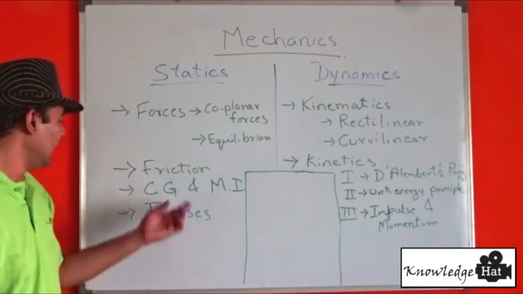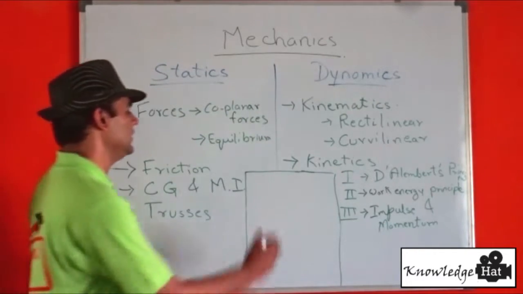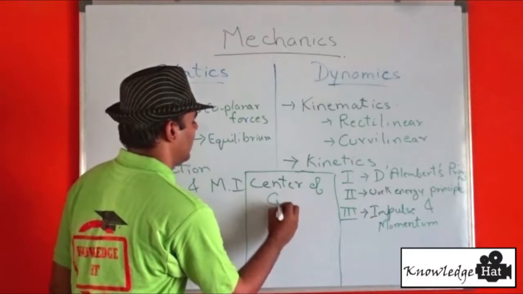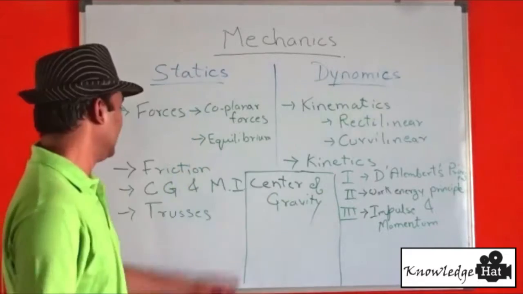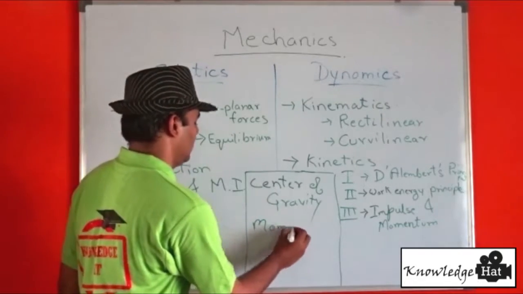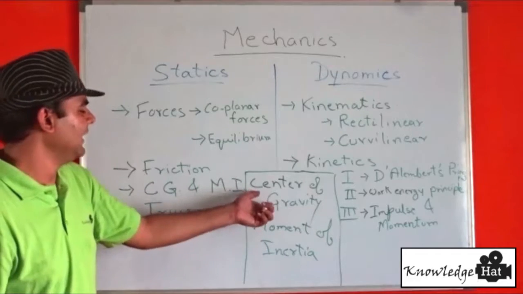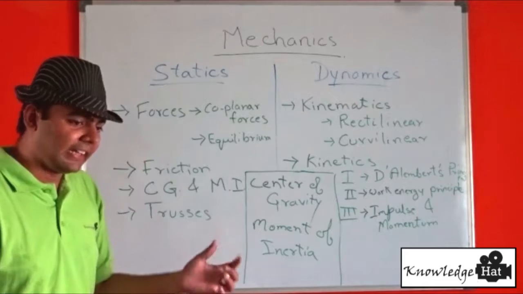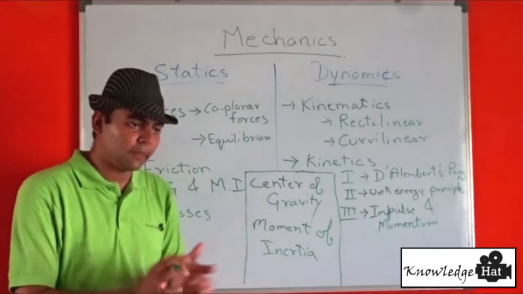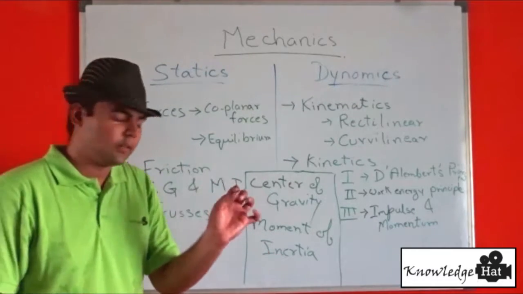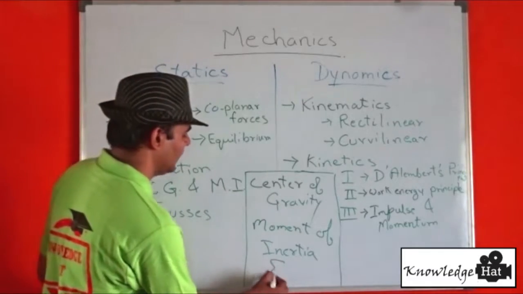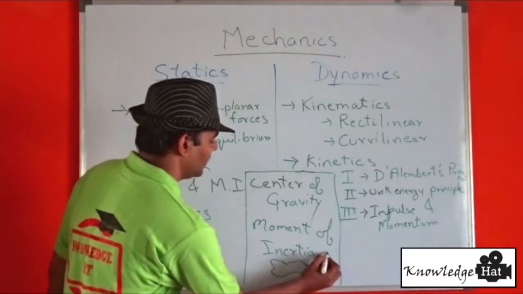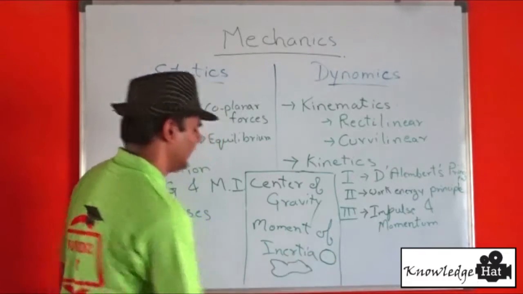The next chapter that we have is CG and MI. CG is center of gravity, and MI stands for moment of inertia. Center of gravity is the point where the entire mass of a body is supposed to be concentrated. Suppose we have an irregular body, and suppose we have a body like a circle or a sphere.